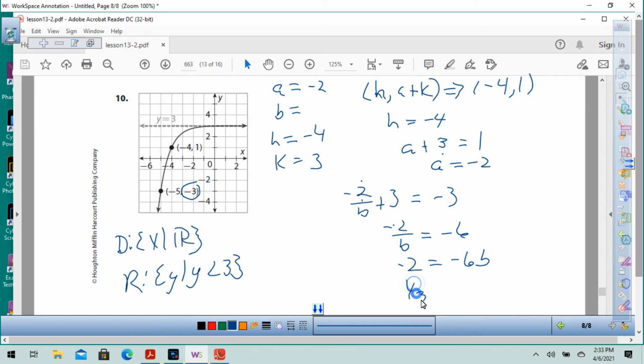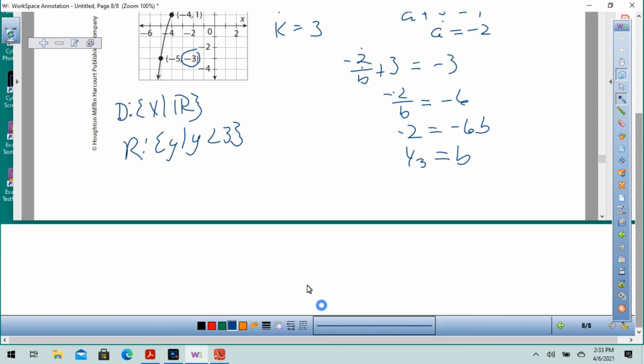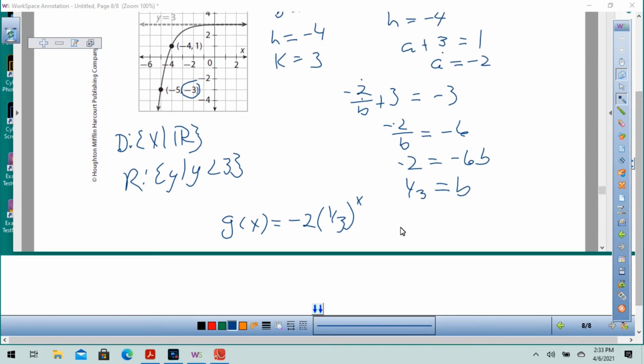So 1/3 equals B. That's going to give us an equation of G of X equals -2 times 1/3 to the X plus 4, and then plus 3. And there's our equation.